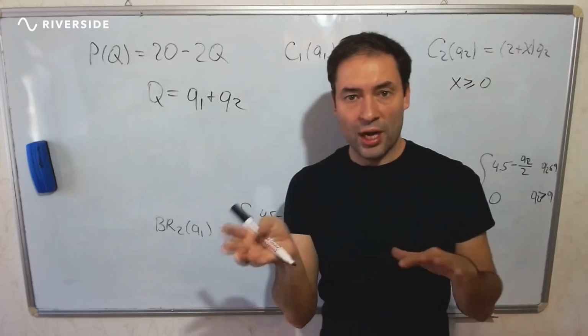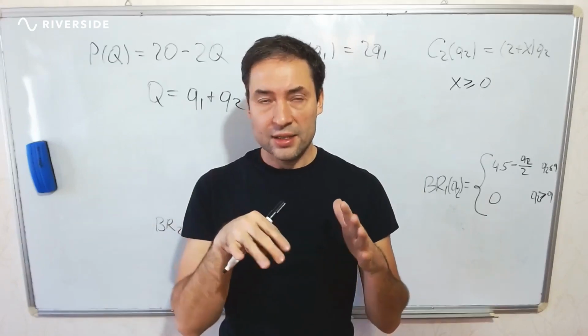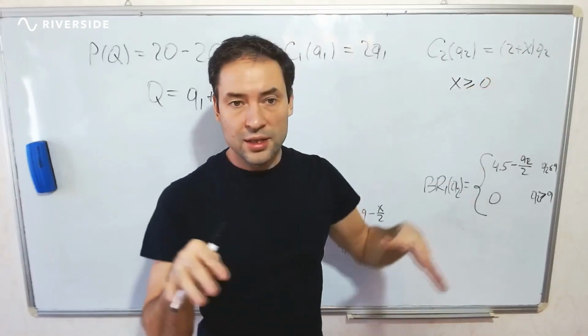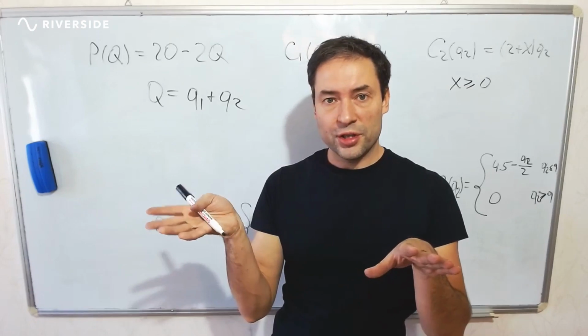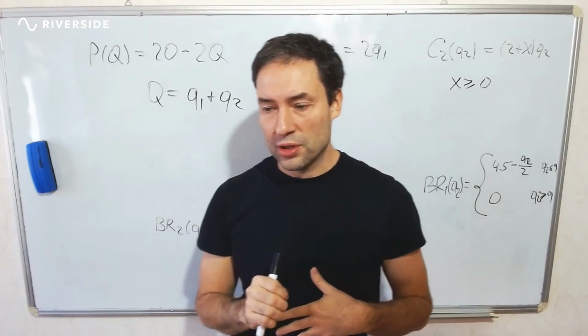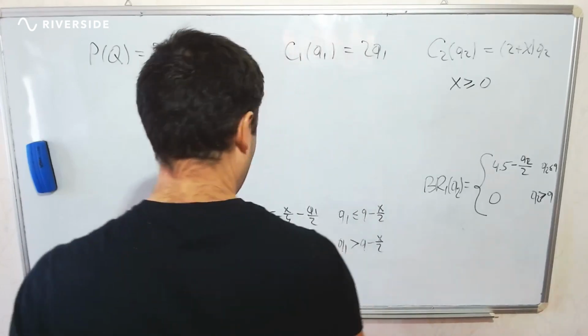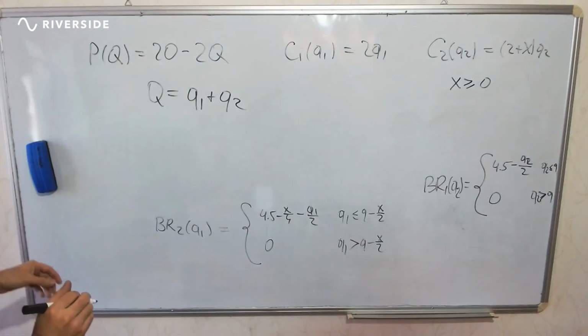So we'll have two types. Either both firms are producing, or if x is high enough, firm 2 can become too inefficient, and therefore it will decide not to produce, and then firm 1 will produce monopoly output. We will get it from our best response functions.